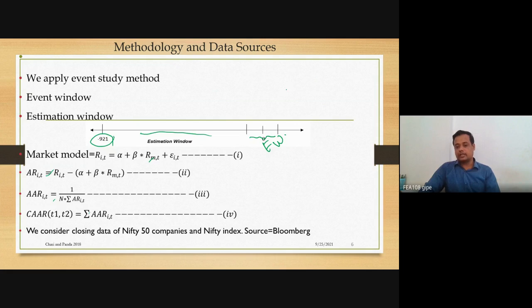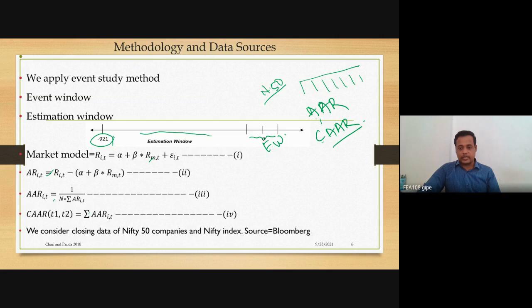Suppose you are measuring the impact of a particular event on 50 companies, Nifty 50. You have to calculate the abnormal return for each of these companies, then average it, and you come out with AAR, average abnormal return, and if you accumulate that, you come out with CAAR. And you use that AAR or CAR to again represent whether that particular event has impacted.